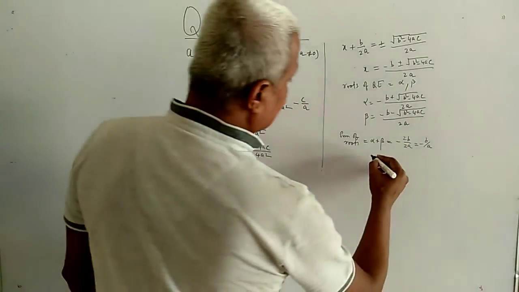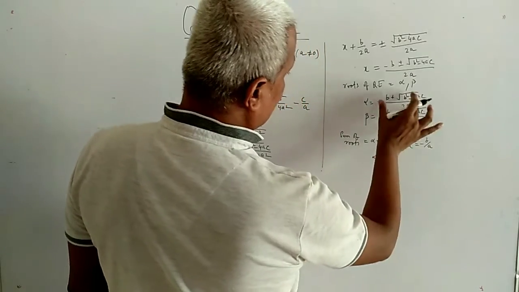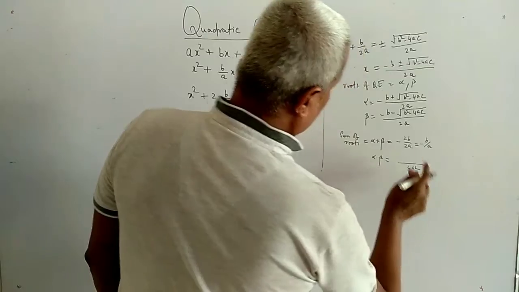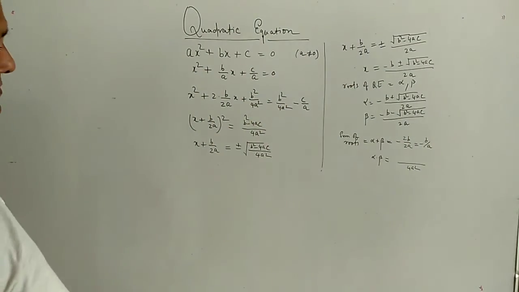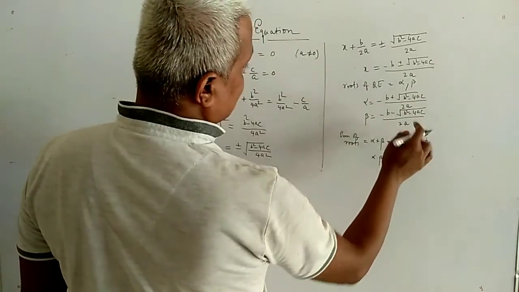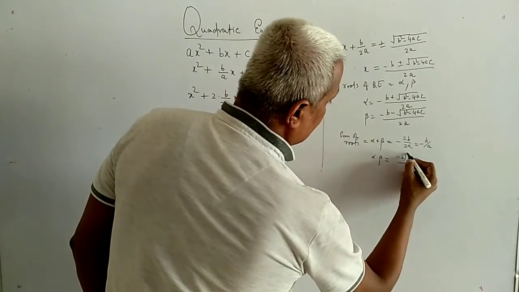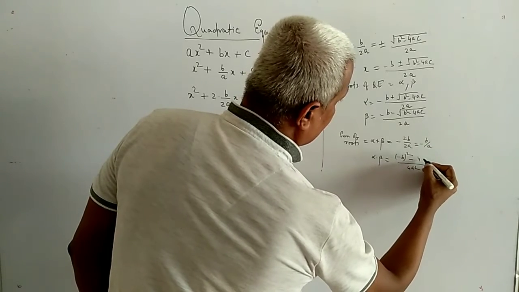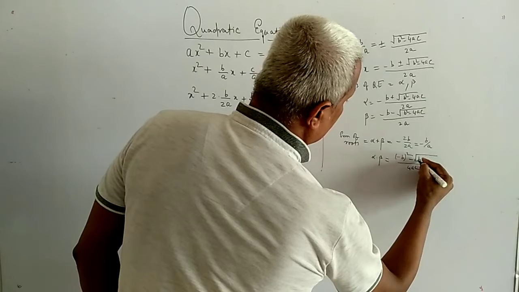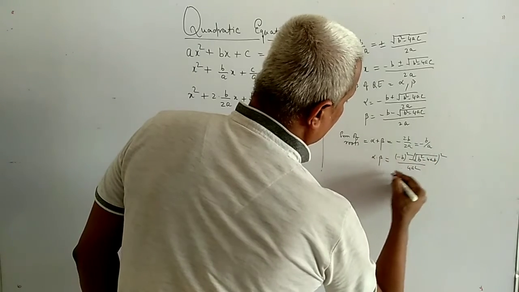And if you want to find the product of the roots, that is alpha beta, then this denominator is just 4a square, but the numerator is coming in the form of (a plus b) and (a minus b). This plus this and this minus this is a square minus b square. So I'll get minus b whole square minus under root b square minus 4ac whole square.